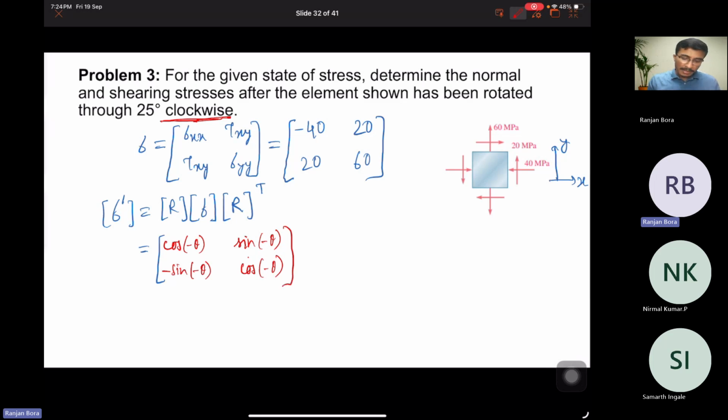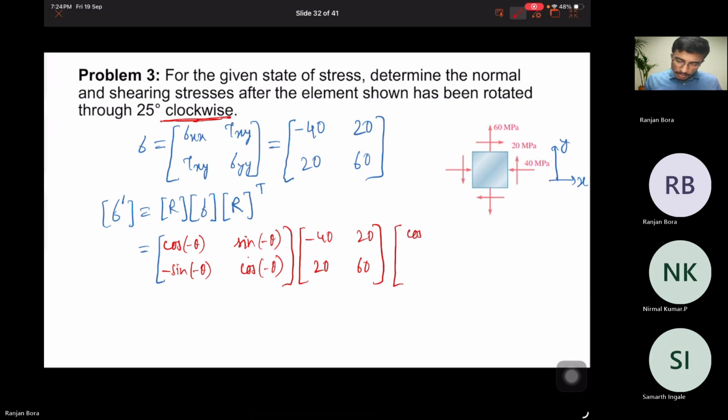Okay, this is R matrix. Then sigma matrix is minus 40, 20, 20, 60. And R transpose matrix is cos minus theta, sin minus theta, minus sin, cos minus theta.